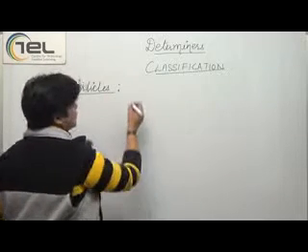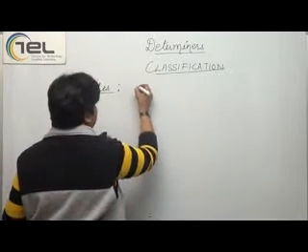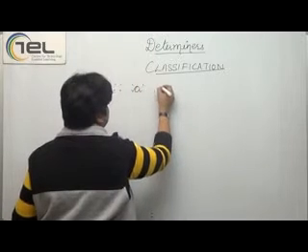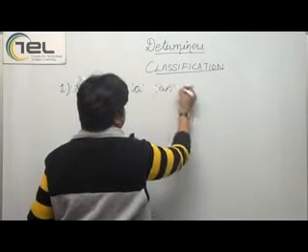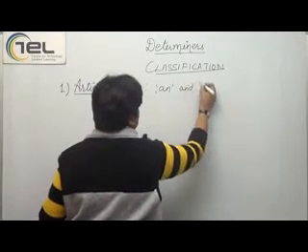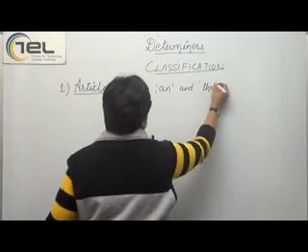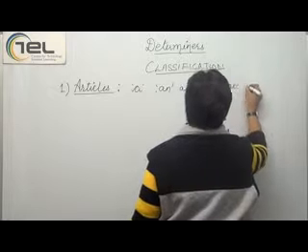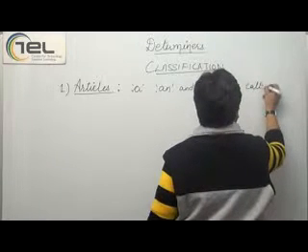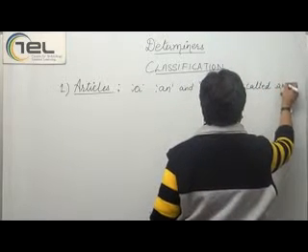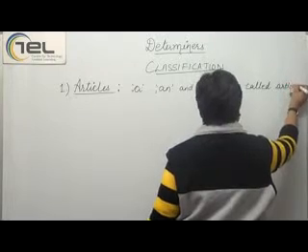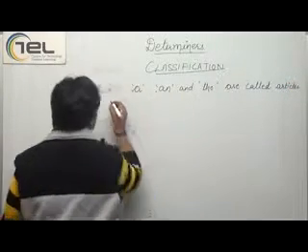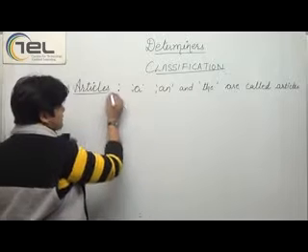Now, articles are the words a, an and the. These three words are called articles. Again, articles can be classified into two categories.